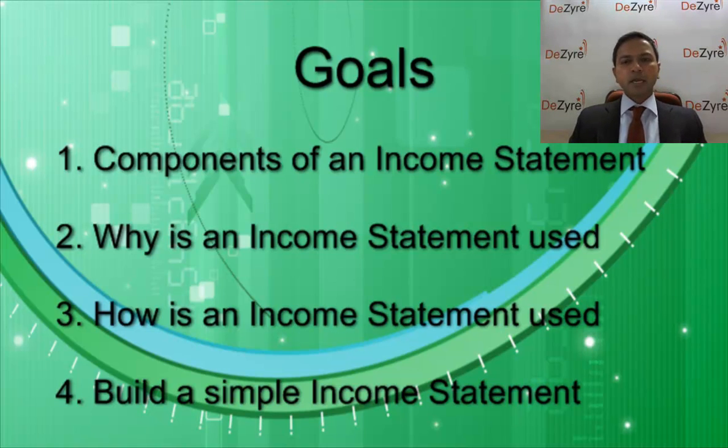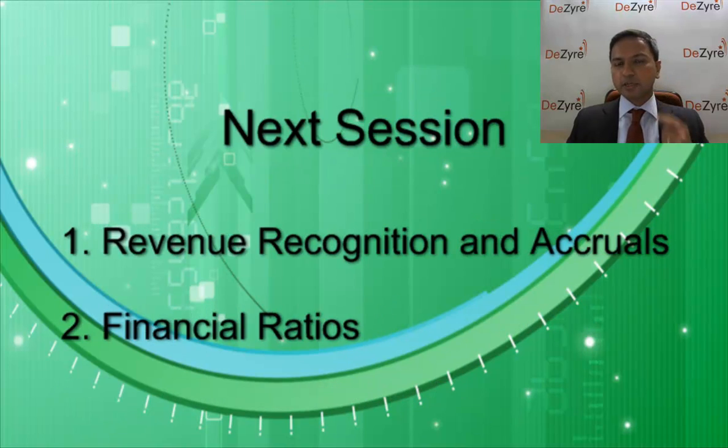So in the next session, what we'll actually be doing is we will still stay with the income statement, but we will take a special case of the income statement and we'll talk about special scenarios and revenues and expenses like revenue recognition, accrual accounting, and cash accounting. And we will also focus on some financial ratios that will help you analyze an income statement better and actually make an intelligent call or decision on the operating efficiencies of a company.